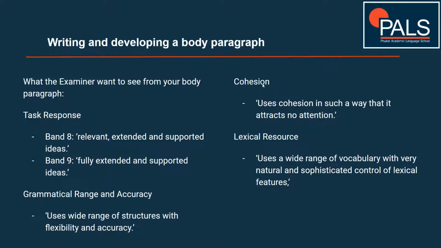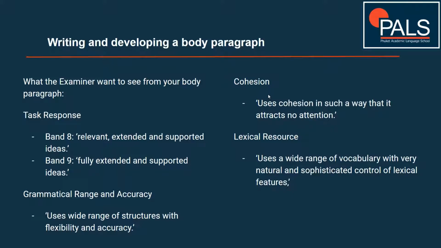Moving on, cohesion. We've talked extensively about this on the course so far. Linking everything together, linking between paragraphs and within paragraphs. Band 9 wants cohesion used in such a way that it attracts no attention. So your cohesion must sound natural. It must not sound forced.